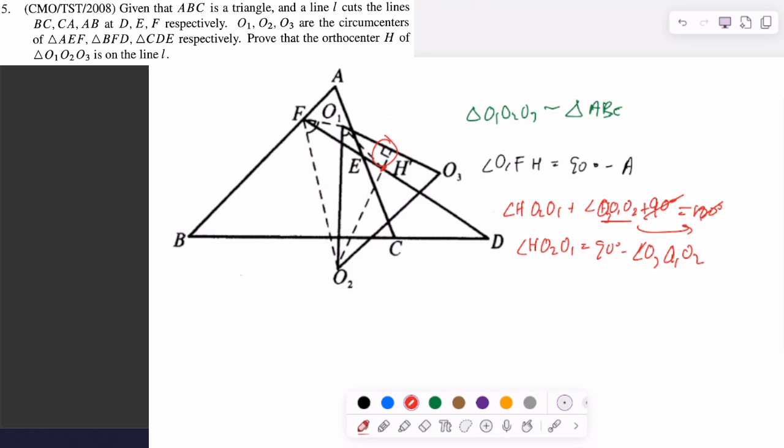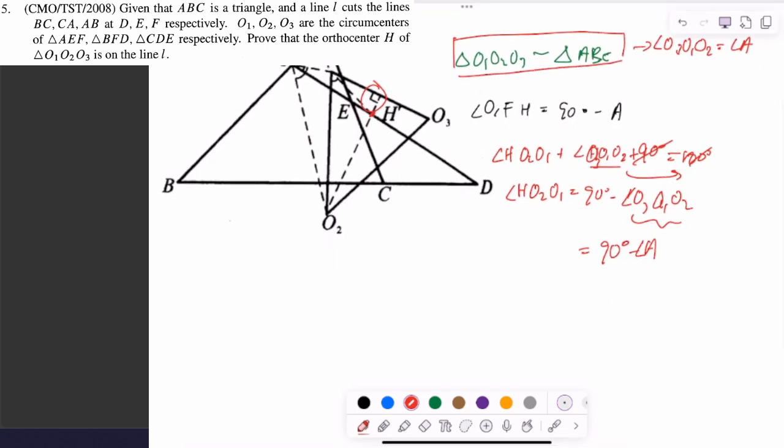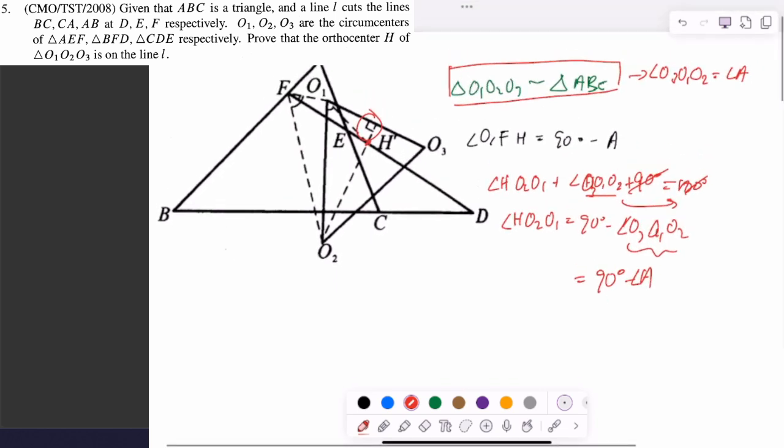And since we have this, from here angle O3O1O2 equals angle A. You substitute A into here, equals 90 degrees minus angle A. So what we have now is that this angle is equal to this angle.